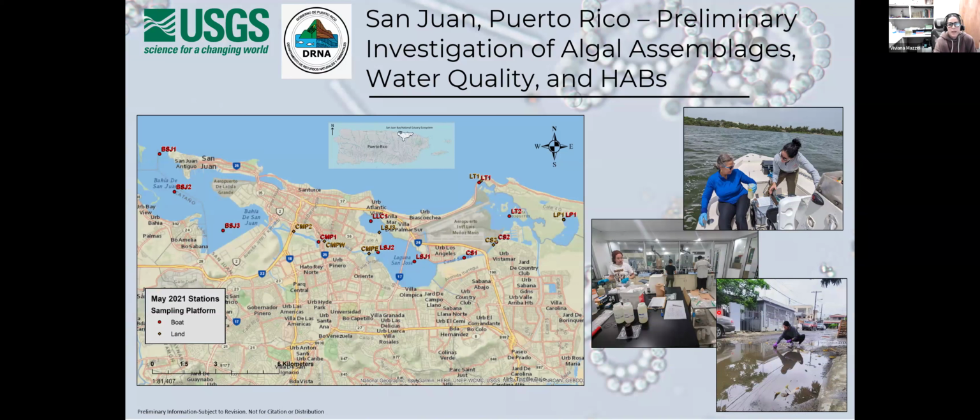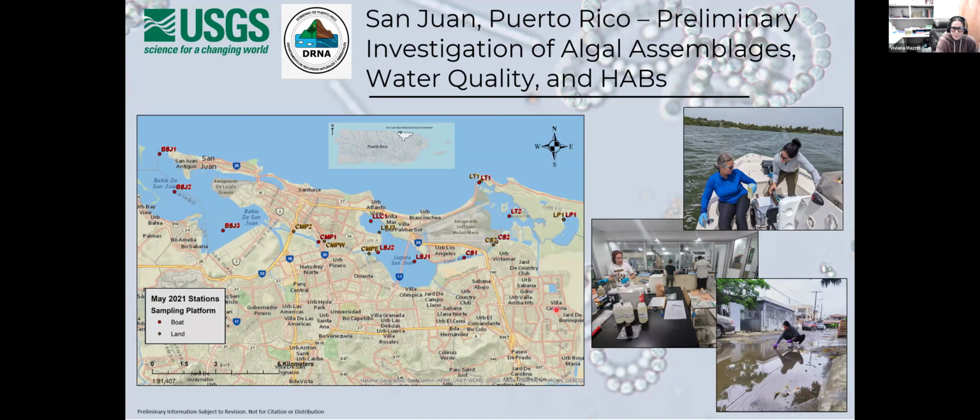We were looking at characterizing the algal assemblages and the status of HABs in Caño Martín Peña, which is a channel that connects the San Juan Bay and the San José Lagoon, which are all located in the San Juan Bay National Estuary, one of the 28 estuaries belonging to the National Estuary Program. The mission of that program is to protect and restore the ecological integrity of estuaries of national importance.